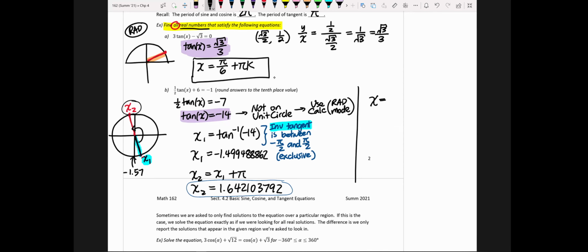And now we're going to round to the nearest tenth, 1.6. Add period times k, so plus pi k. You don't have to list the other one because tangent, the first cycle goes from 0 to pi. So from 0 to pi, you're only going to get one solution. And then you add pi k to that solution.